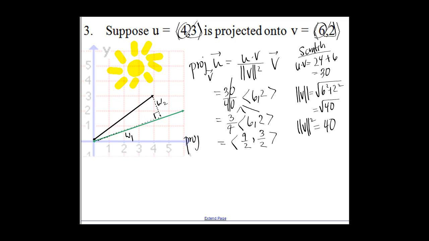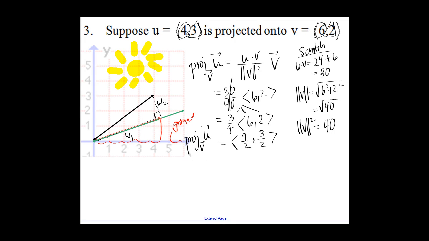So the projection of u onto v is given as such. Does this make sense? So we're saying the ground, this projection, should be 4.5, comma 1.5. Well, that looks about right.